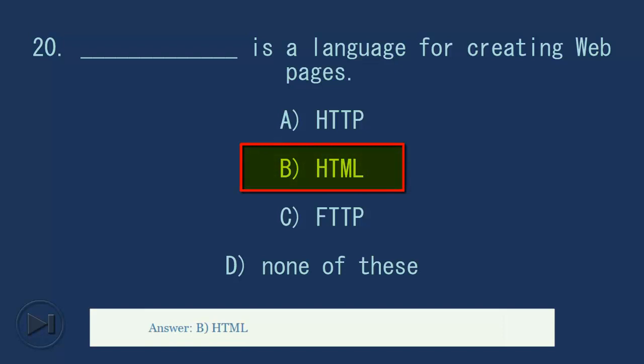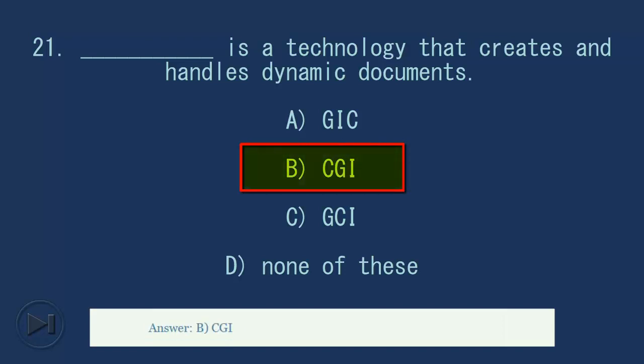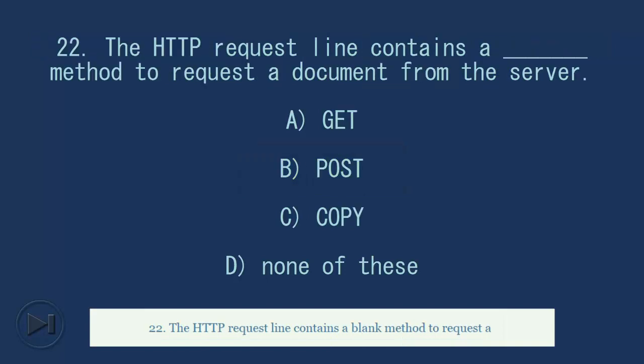Answer: B. HTML. 21. Blank is a technology that creates and handles dynamic documents. A. GIC. B. CGI. C. GCI. D. None of these. Answer: B. CGI.